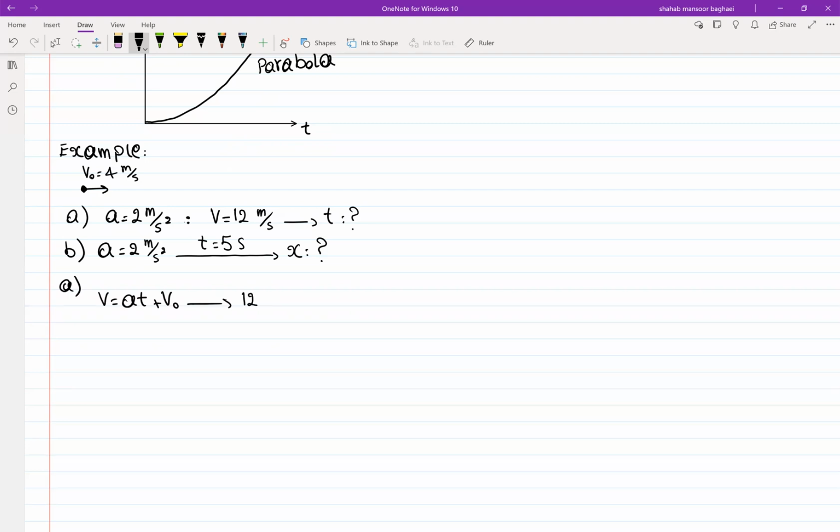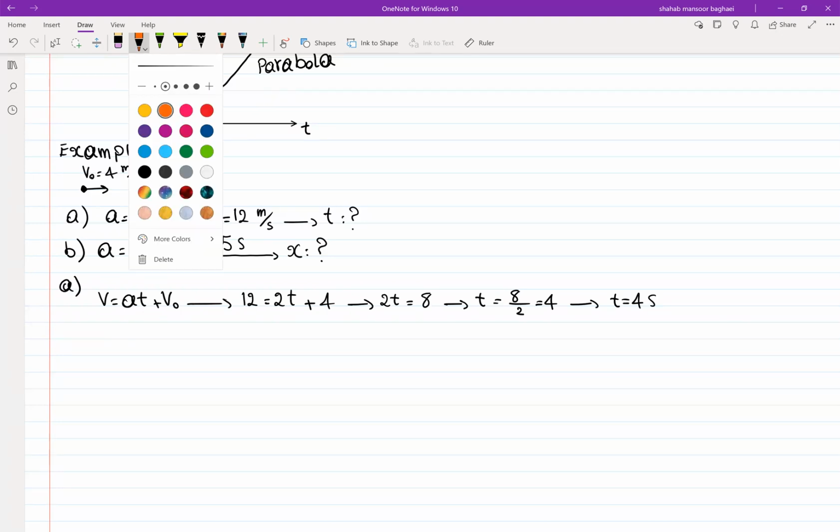V is 12, A is 2 times t plus 4. Therefore, 2t equal to 8 and t equal to 8 over 2, which is 4 seconds. T is 4 seconds. Answer of part A.